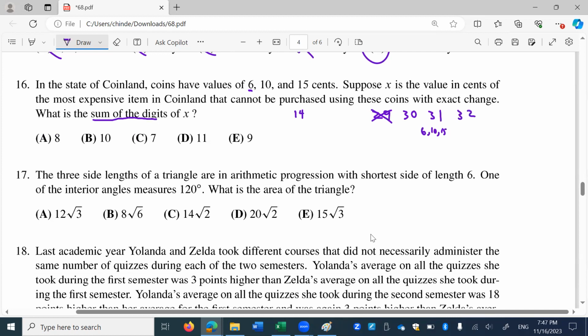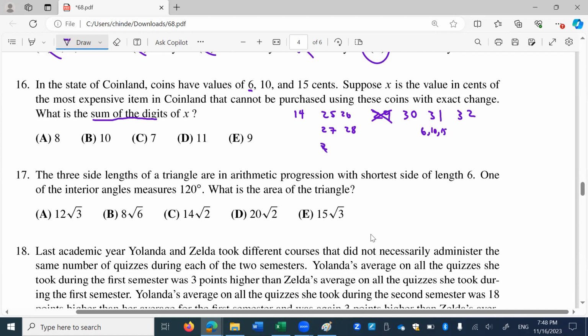32, yeah, I think it's even going to be easier to work backwards from 29. So 31, I can make 25 plus a 10. 26 is easy, 10, 10, 6. 27 is easy, 6, 6, 15. 28, 6, 6, 6, 10.